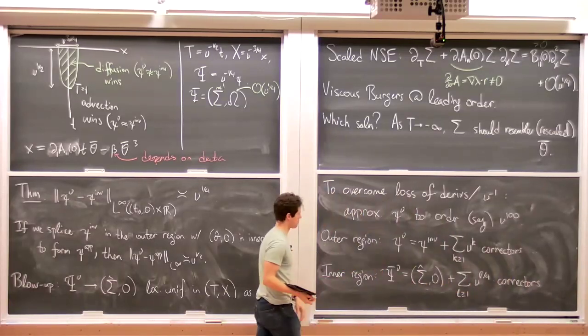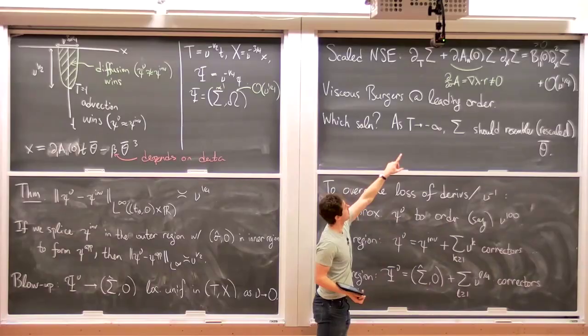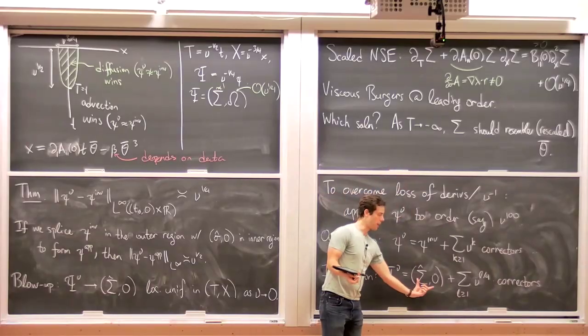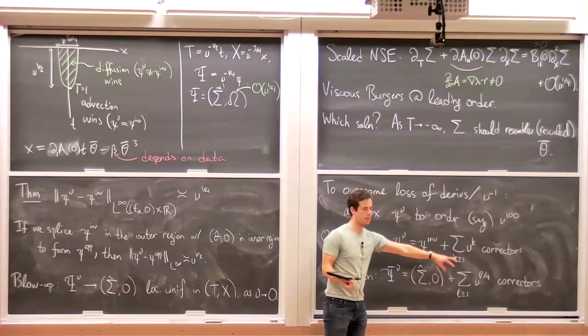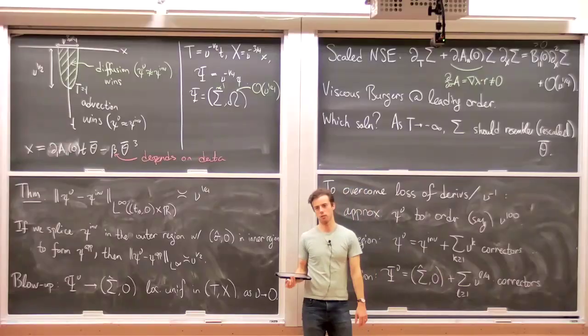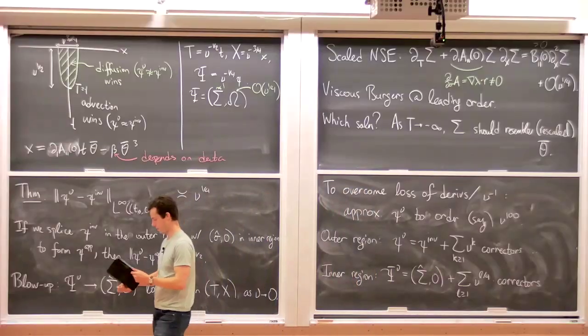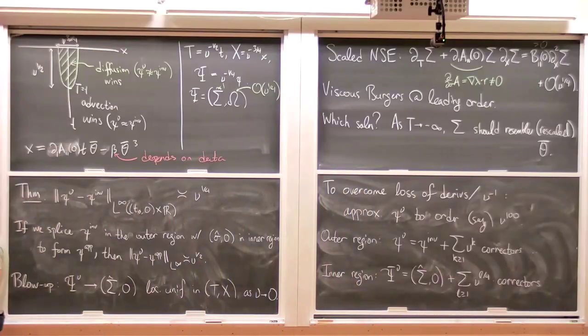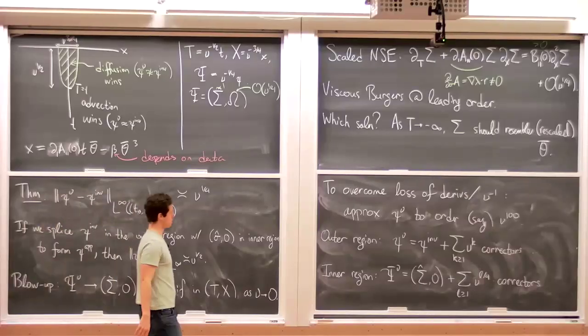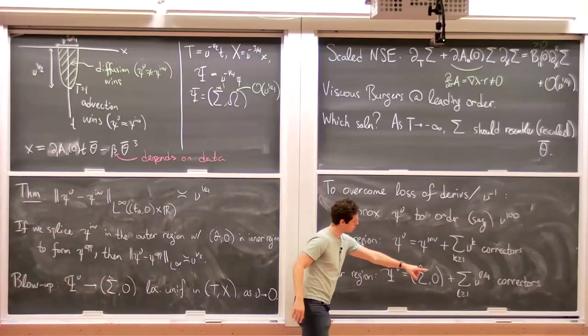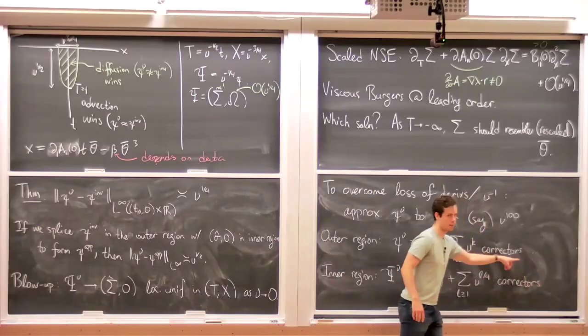And you can carry out a similar procedure. You're taking this equation, now including the error terms, you're linearizing around the leading order behavior, and you're trying to get equations for the correctors. You solve those equations, and you hope that you have a good description of what's going on. And you face a similar sort of problem when it comes to working with the inner region, which is where does the data for the correctors come from?